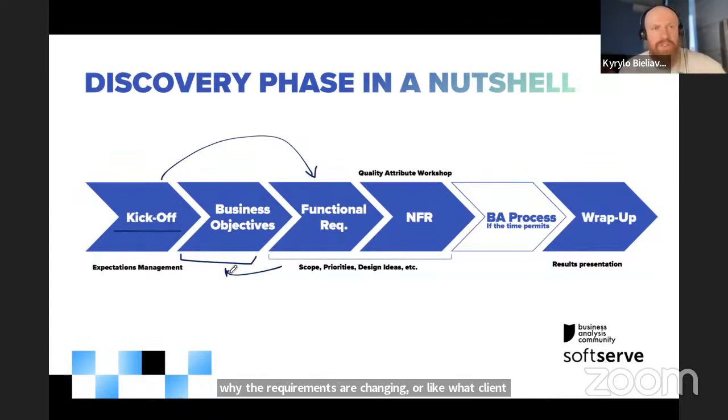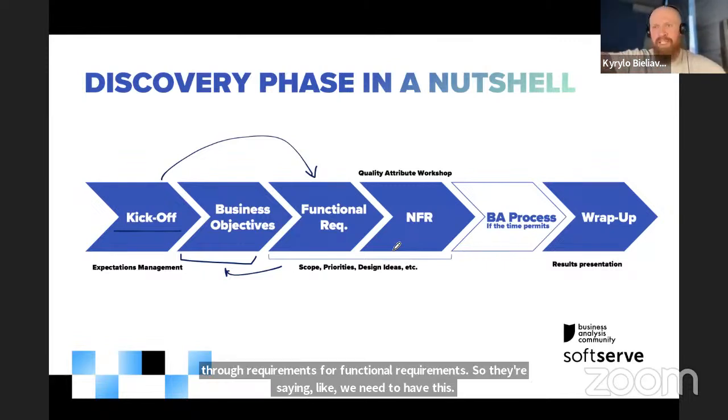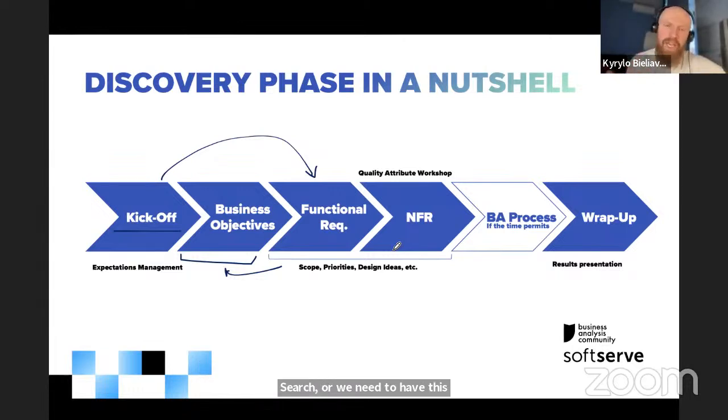There's a very interesting experience you may have with a client: clients are trying to communicate their business needs, but through functional requirements. They're saying we need this search, or we need this button that will do this. But in reality, they're just trying to communicate a certain business need, and they don't know how to explain it, so they explain it through functionality.